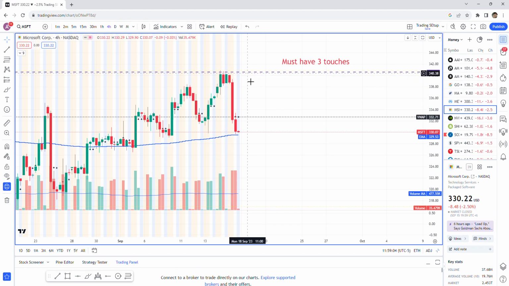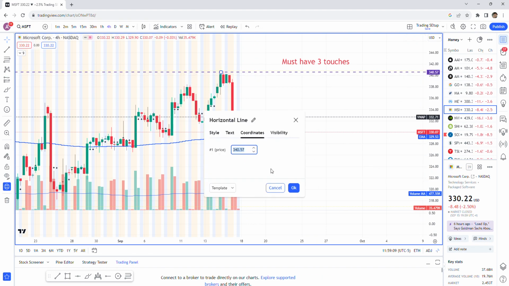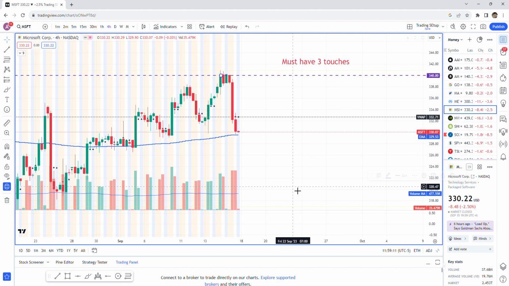So this is a tough area. It's 340.5. To make this more friendly, I just make it a solid whole number, 340. So this 340, 340.5 area, really between 340 and 341, is a resistance area.